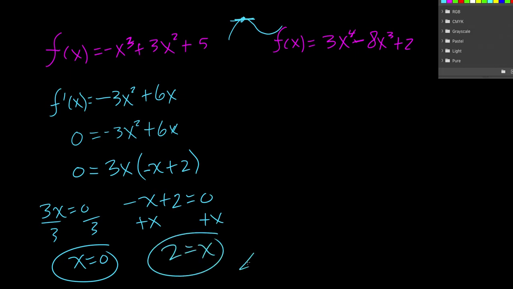Okay, so if we're doing a sign diagram on this, we're interested in 0 and 2. We just need to choose numbers in between those areas. So I'm going to choose -1, 1, and 3. And what we're going to do is plug it into the derivative, because we want to know if it's going uphill or downhill.